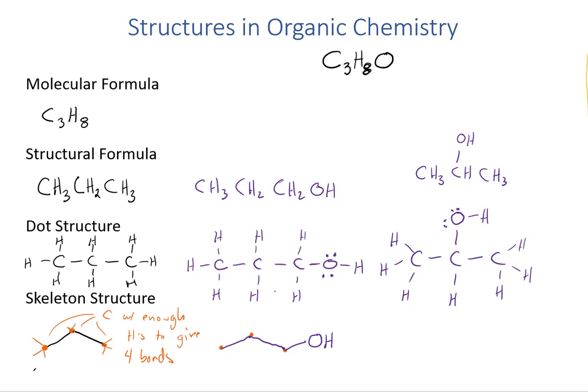Another way we could actually write this, by the way, would be to note that we have a hydrogen attached to an oxygen on a CH that has 2 CH3s attached. And that's a little less clear, but it fits all on one line. To draw the dot structure here, we're going to start with the same 3 carbon atoms in a row, and we're simply going to attach the OH to the center carbon.